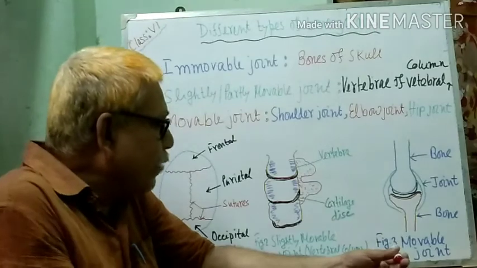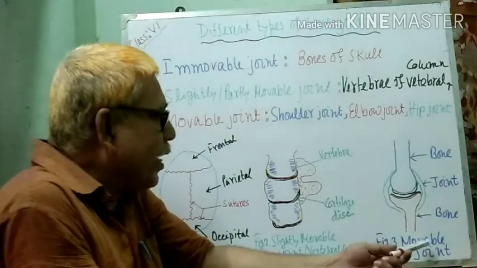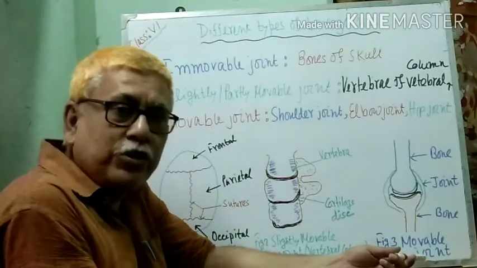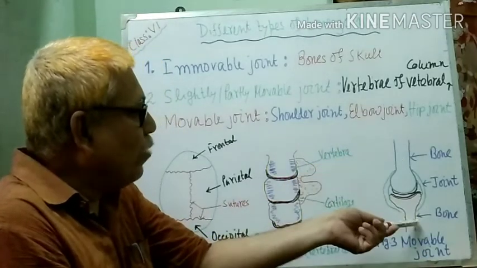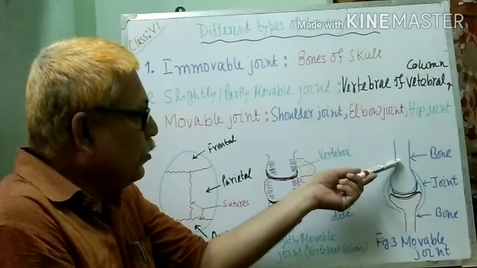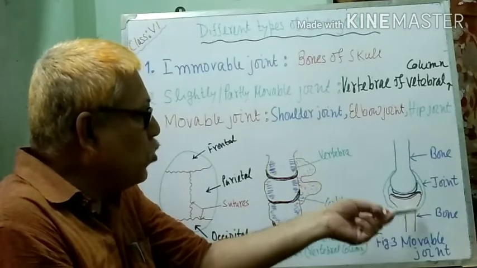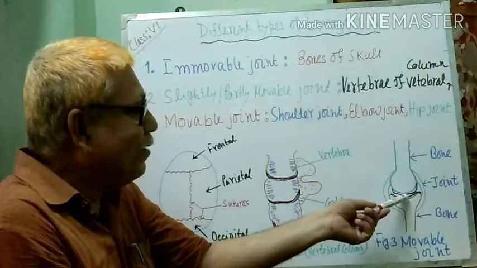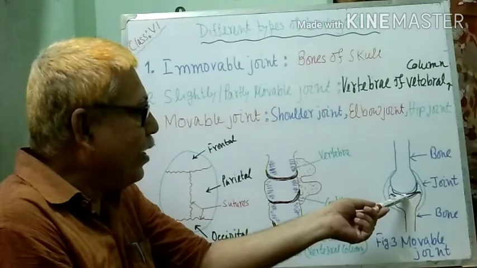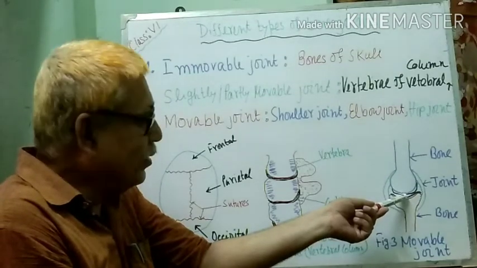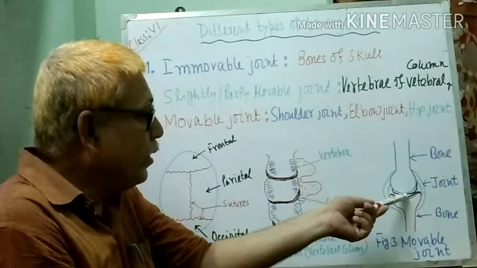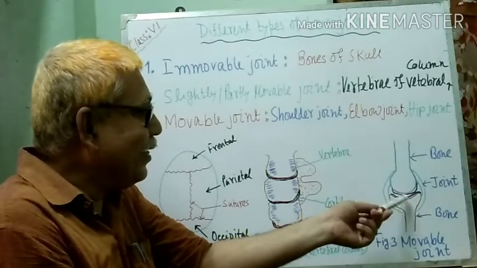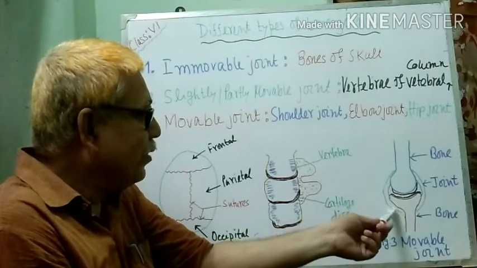And look at this figure 3. Here is a movable joint or synovial joint. This is one bone and this is one bone. These two bones are connected here. This is the synovial space. Here we find a fluid called synovial fluid. This is a ligament.